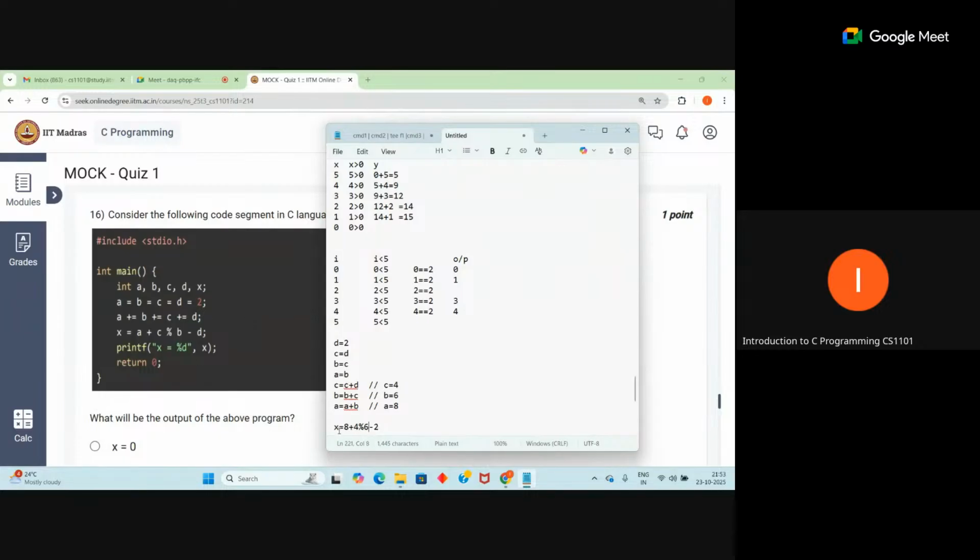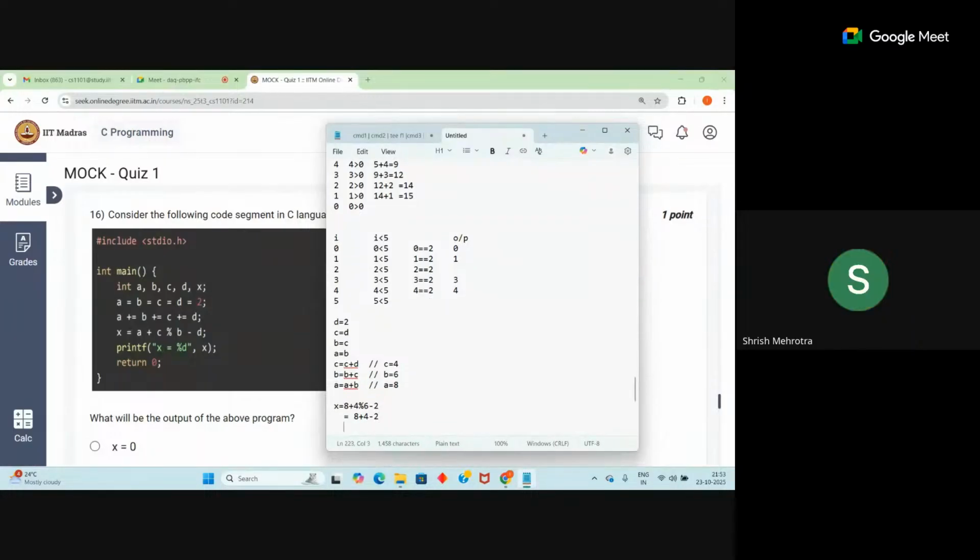So when we are evaluating the expression, the highest precedence operator among the plus, minus, and percentage is the percentage symbol. So first it will evaluate this. 4 mod 6: 4 cannot be divided by 6, so 0 times it will go, and the remainder will be 4 only. So it will be 8 plus 4 minus 2.